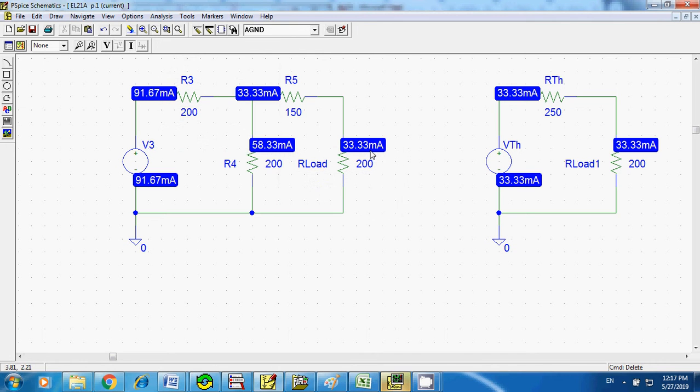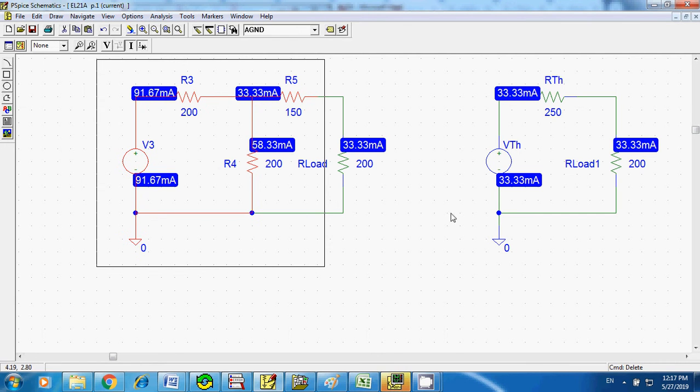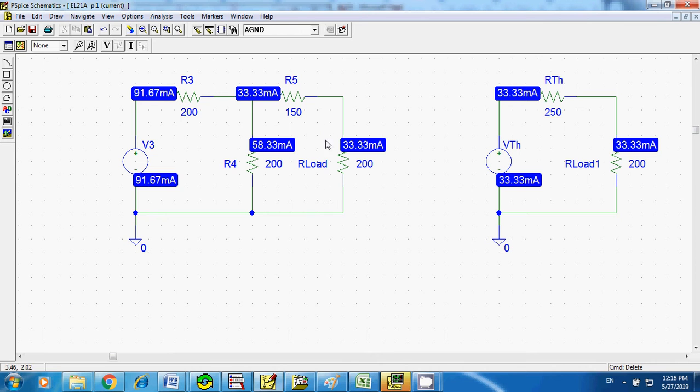As I mentioned earlier, if you do the right conversion, to have only one supply, VTH, and only one resistor, which is the RTH Thevenin, the current flowing to the load has to be equal, right?